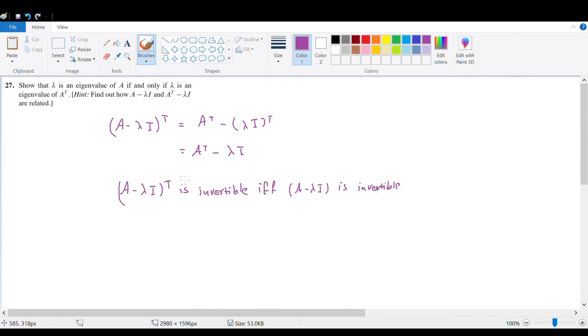So this is the first part. The second part: A minus lambda I is not invertible if and only if A minus lambda I transpose is not invertible.